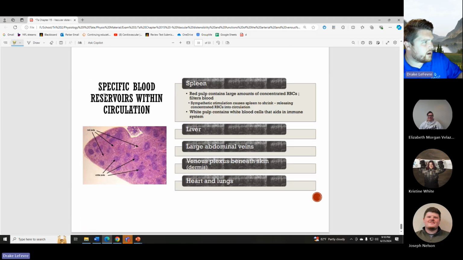And then other blood reservoirs, the spleen, specifically red pulp, has a bunch of red blood cells. The liver holds a bunch of blood. The large abdominal veins, the heart and the lungs, the venous plexus. I would know each of those, specifically the spleen. They like to ask questions about the spleen.